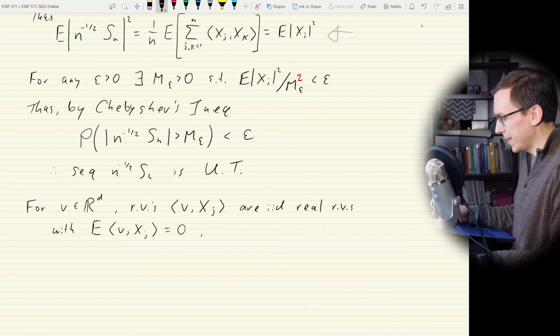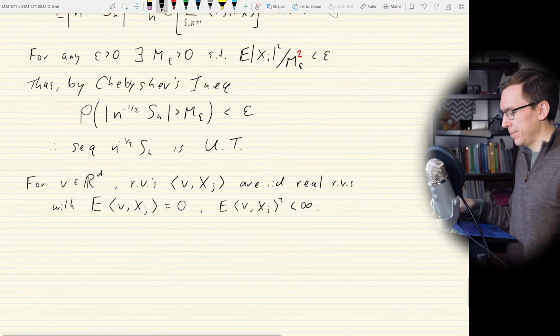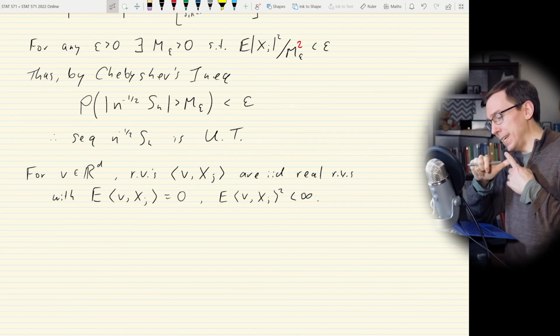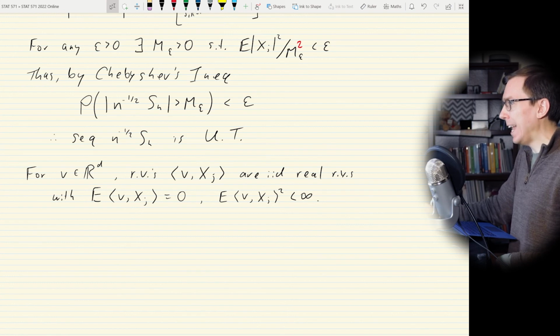Furthermore, we know that the second moment, the expected value of this thing squared, is going to be finite. Cool. So now we have a sequence of IID real random variables with mean 0 and finite variance. And this can be done for any choice of v, any linear functional.